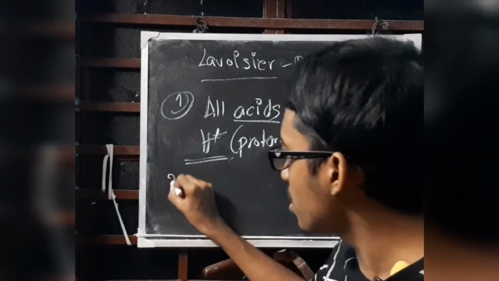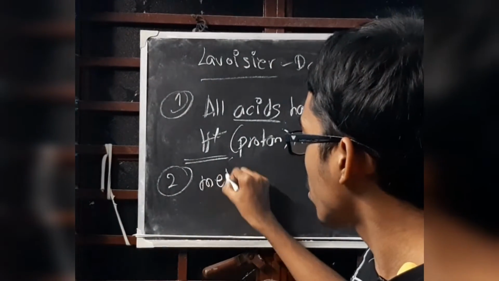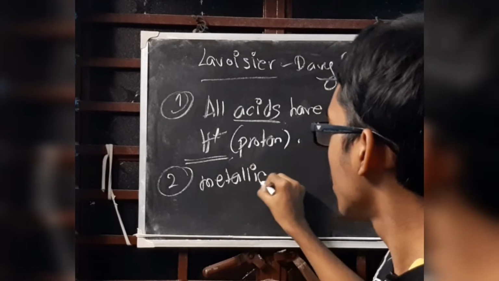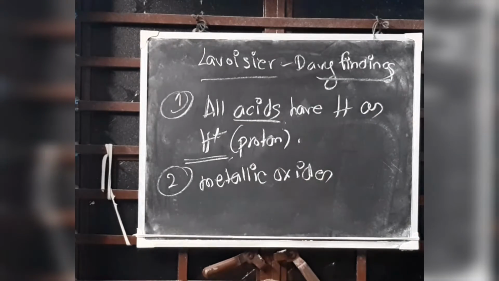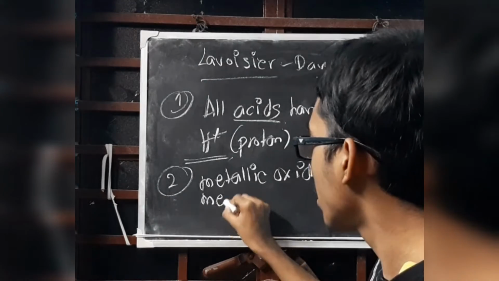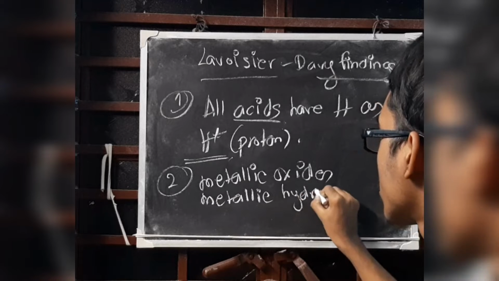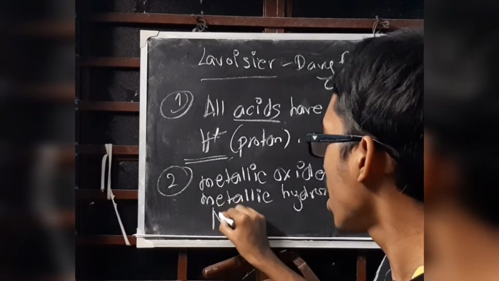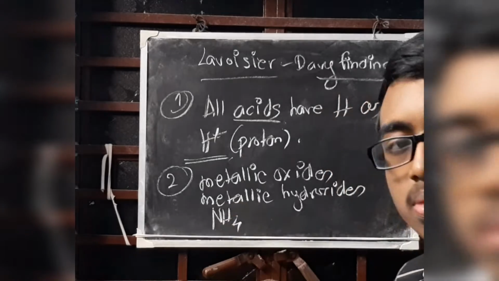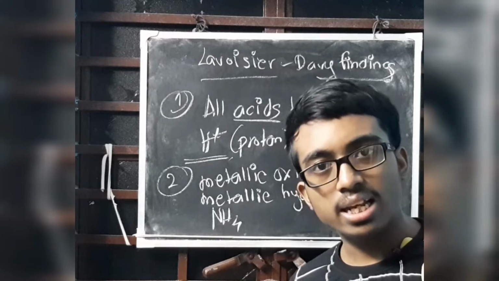What did they say about bases? They said that bases are either metallic oxides, or they can be metallic hydroxides, or they can be ammonium. You know, ammonia acts as a base.